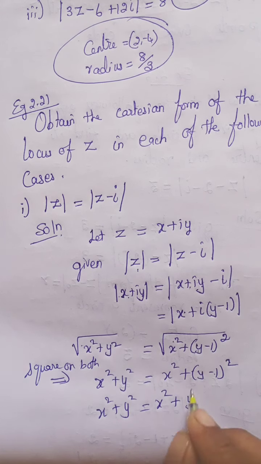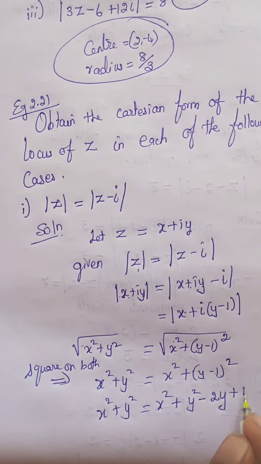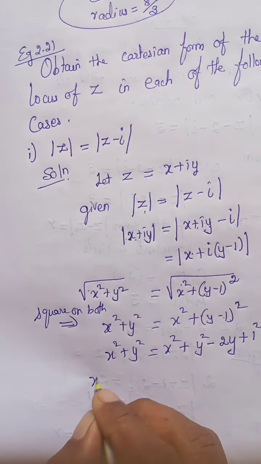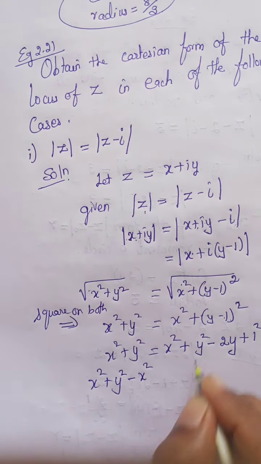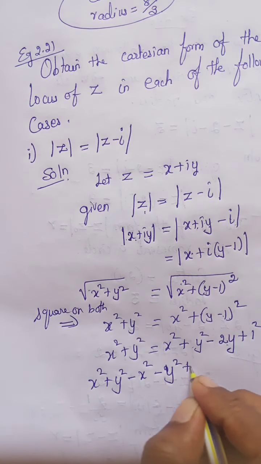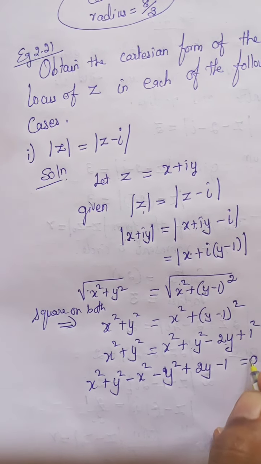So a square, y square, minus 2ab, 2 into y into 1, 2y, plus b square is 1 square. Now, bring all the terms to the left hand side. x square plus y square minus x square minus y square minus 2y when it comes to the left side, plus 2y minus 1 equal to 0.